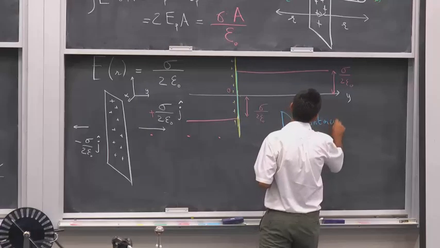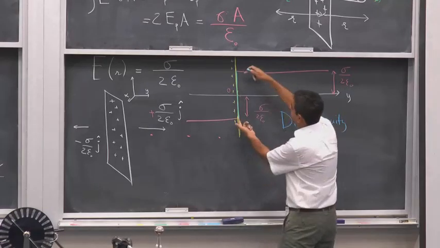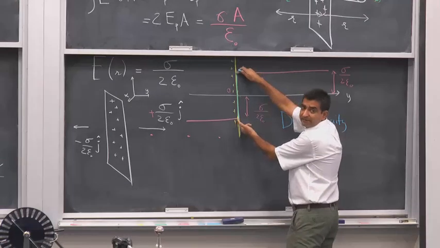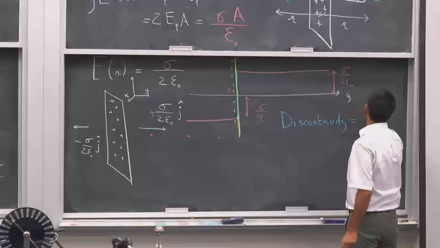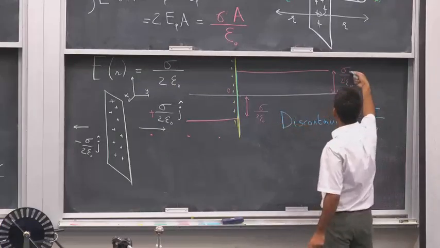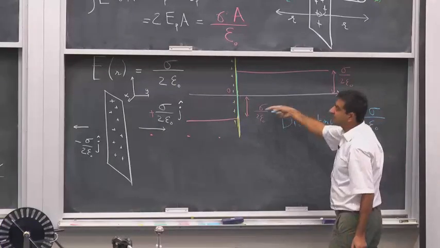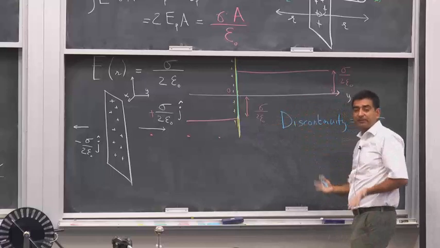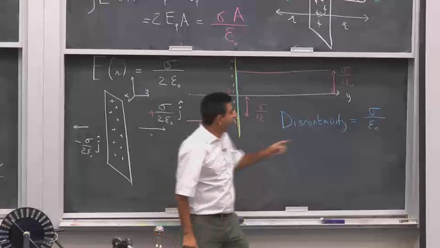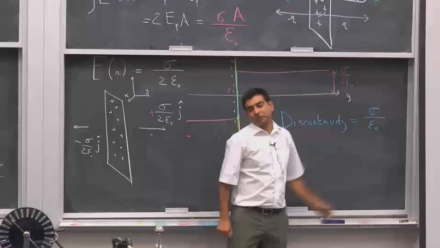If I were to measure the discontinuity, it's just going to be the size of this jump. This jump is sigma over epsilon naught. So I subtract this from this, sigma over 2 epsilon naught minus minus sigma over 2 epsilon naught, I get sigma over epsilon naught. So the amount of discontinuity is equal to the charge density over epsilon naught.